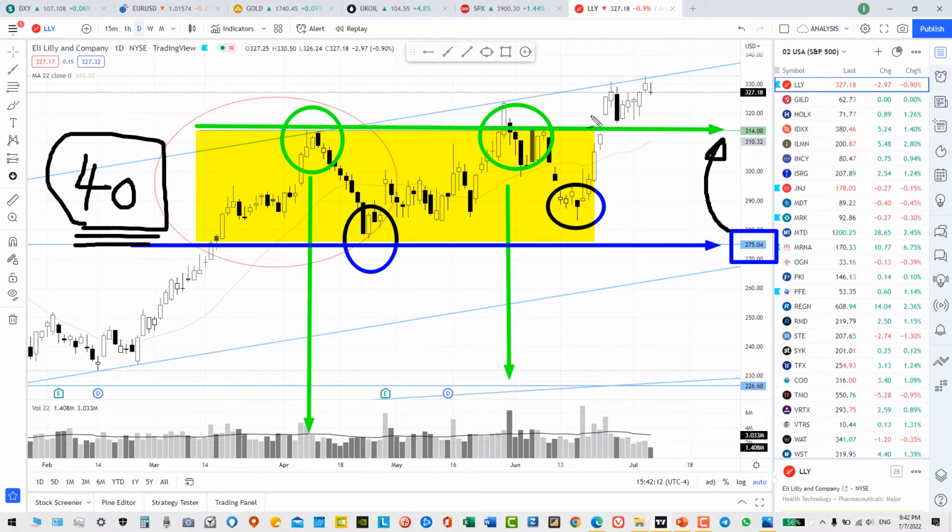The break was on a rising price gap, and of course we can see during the last move the volume was rising and it was higher than expected, and the stock managed to close above 314, which was the short-term resistance. It managed to close above it for, I think, more than a week.